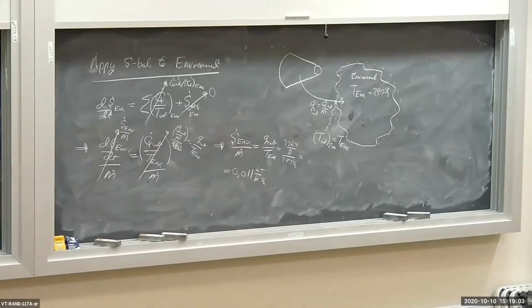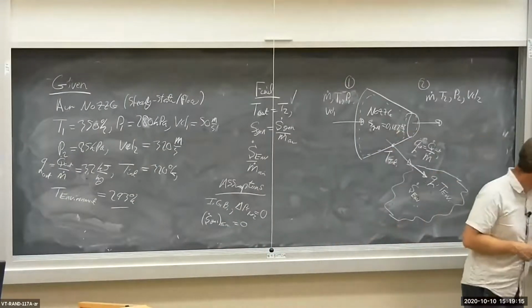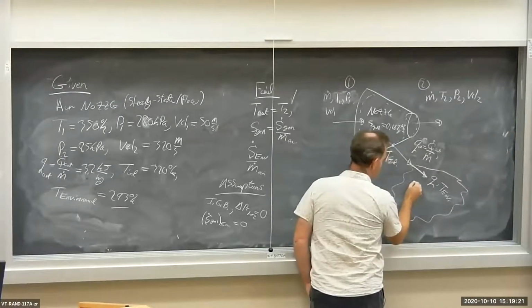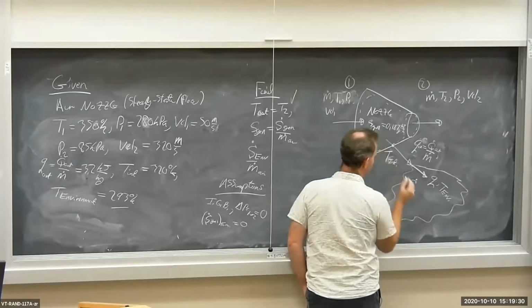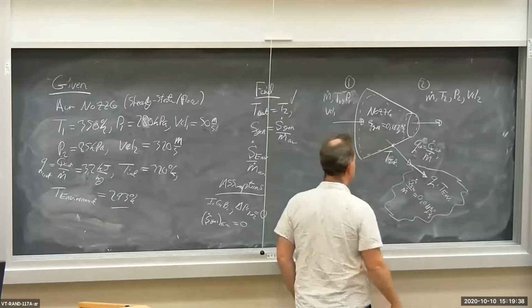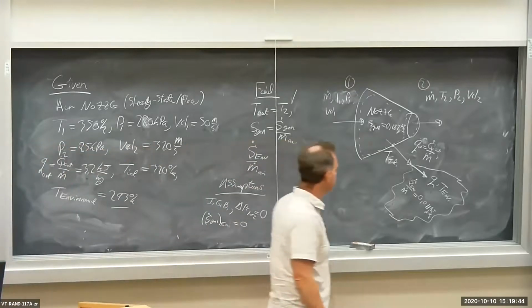So kilojoules per kilogram of airflow per Kelvin. So this environment here is gaining entropy. So S dot for the environment over m dot airflow through the nozzle is 0.011 kilojoule per kilogram Kelvin. So that's due to the entropy being transferred from the nozzle to the environment.